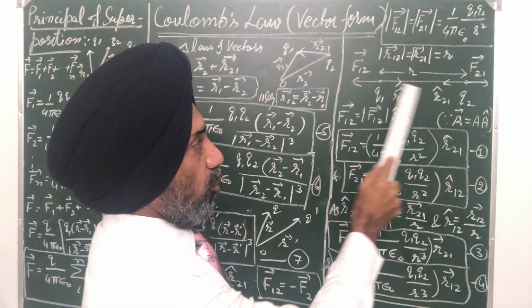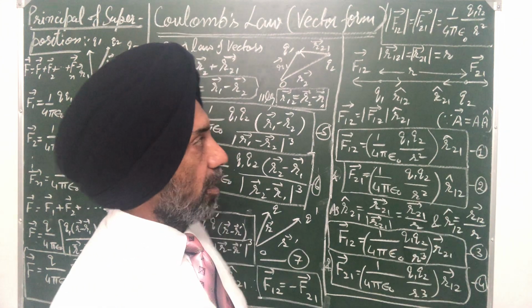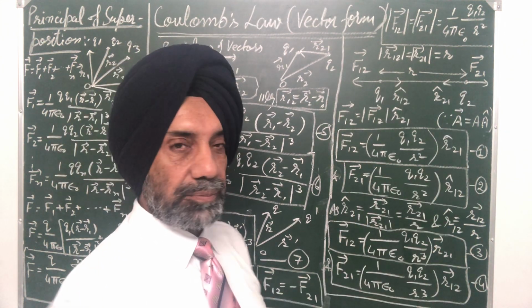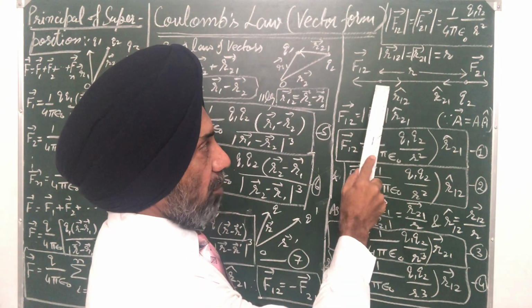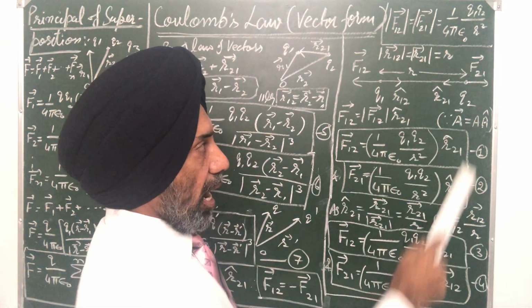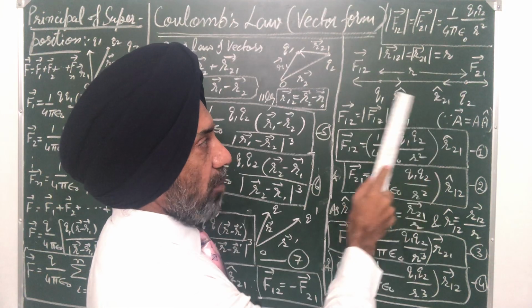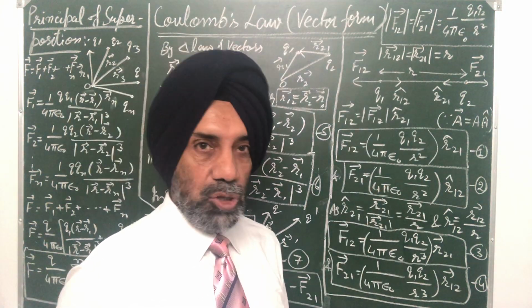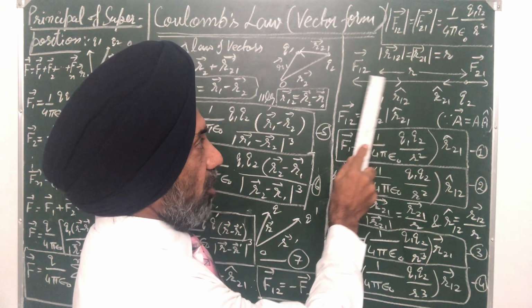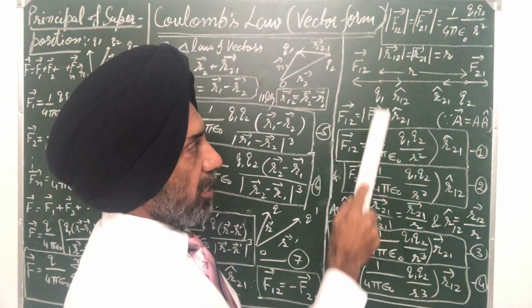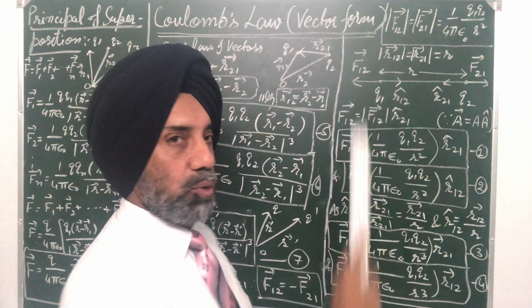Now, suppose we have two point charges Q1 and Q2 separated by distance R. Let R12 cap be a unit vector from Q1 to Q2, and R21 cap a unit vector from Q2 to Q1, because a unit vector is used to give the direction of a given vector. F12 vector is the force experienced by Q1 due to Q2.